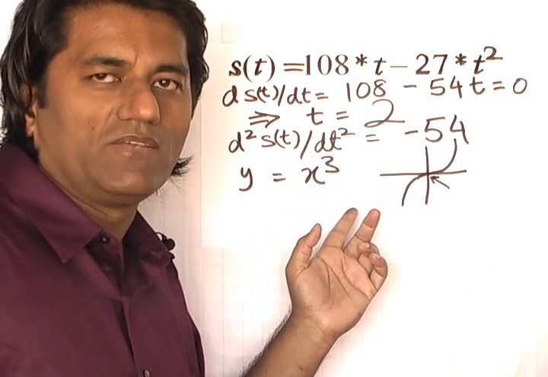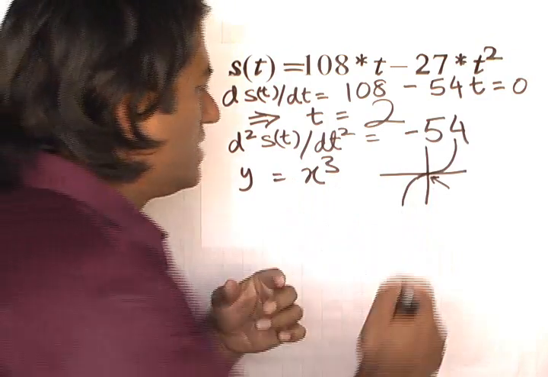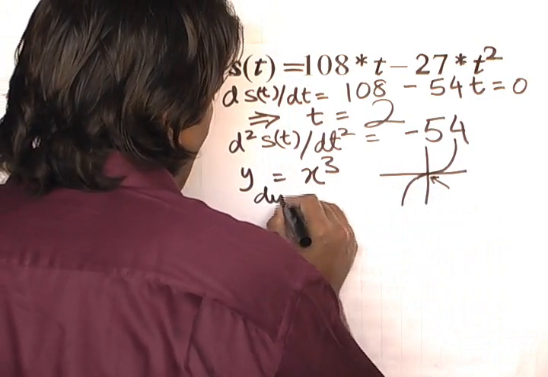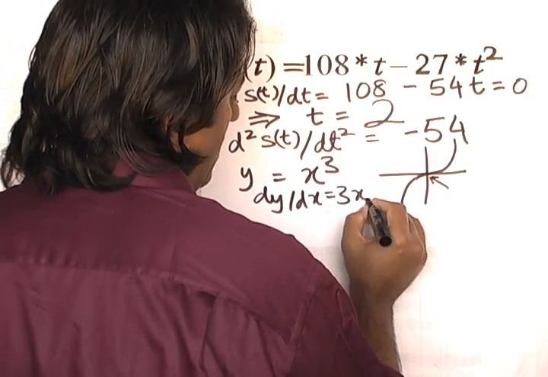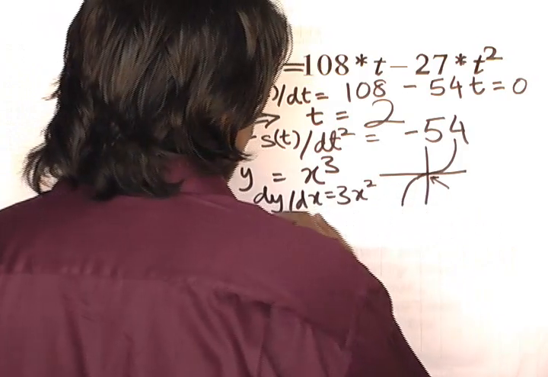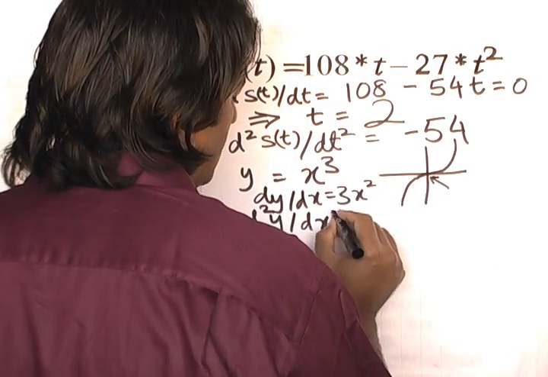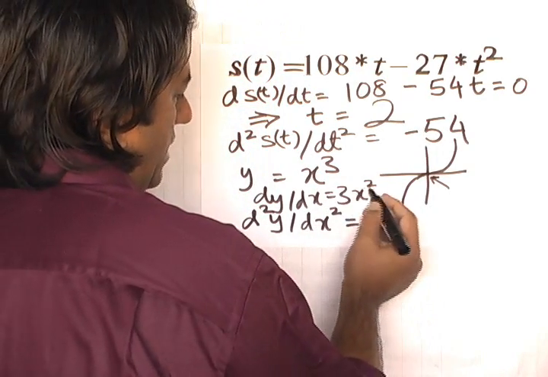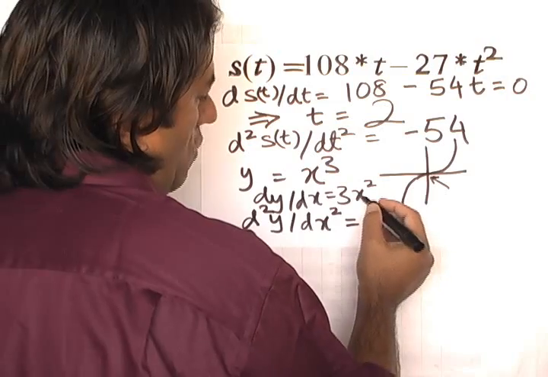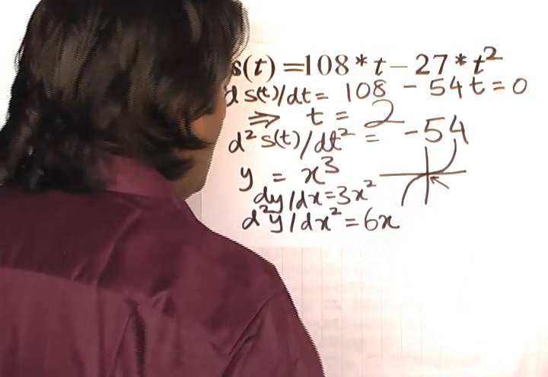The second derivative will be 6x. Dy by dx for this function is equal to 3x squared. What is d squared y by dx squared? That's the second derivative. That is going to be 3 into the derivative of x squared, which is 2x. 3 into 2x, that's 6x.